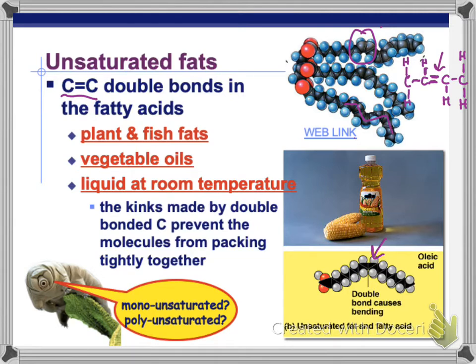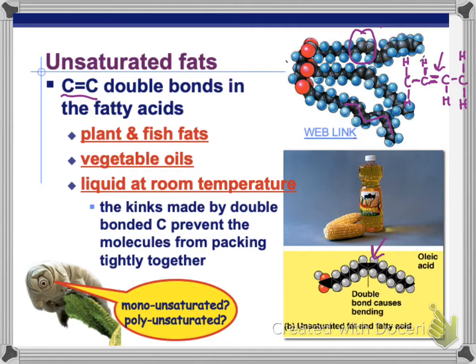Okay? Now, because they're not flat, they don't pack as close together. So think about our stack of paper, each paper representing a fat. Well, if we crumple up those papers and we make them have lots of folds and kinks in that paper, like we see with unsaturated fatty acids, it's really hard to make a nice, neat stack of paper when they're all bent and crumpled.